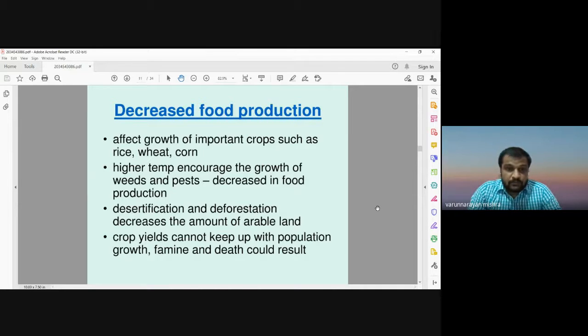Okay, the higher temperature encourages the growth of weeds and pests, and that may decrease food production. Desertification and deforestation decrease the amount of arable land, and the crop yield cannot keep up with the population growth. Famine and death could result. So these are some effects of the decreased food production.